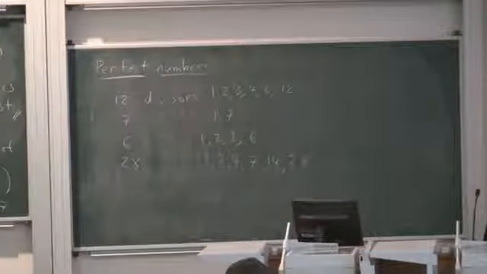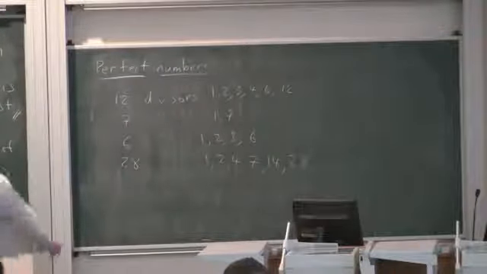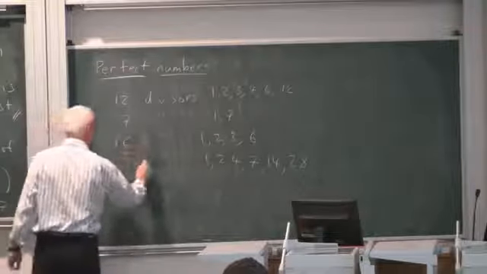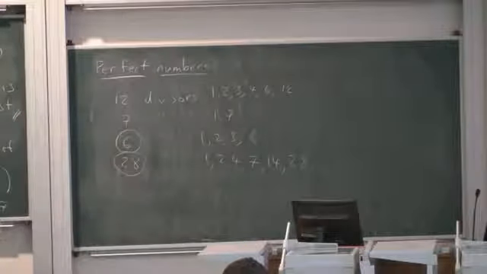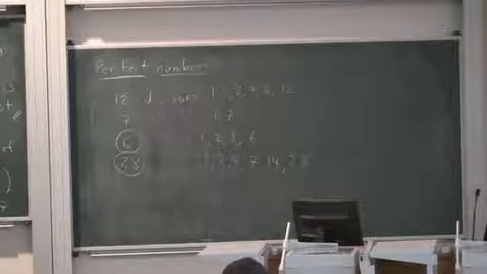Now there's something special about 6 and 28. They are perfect numbers, according to the ancient Greeks. Why?